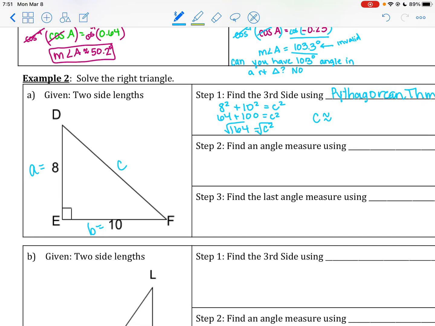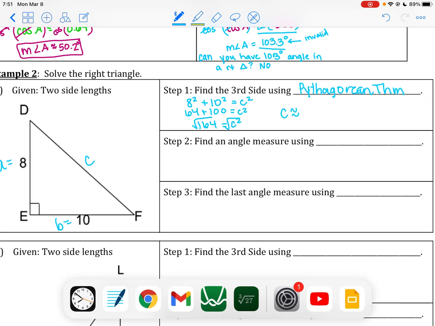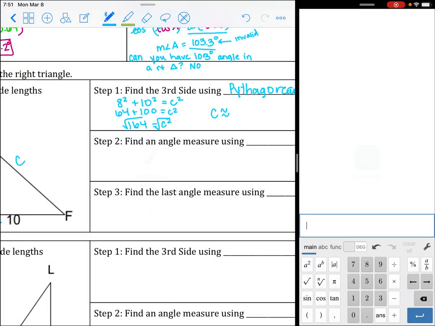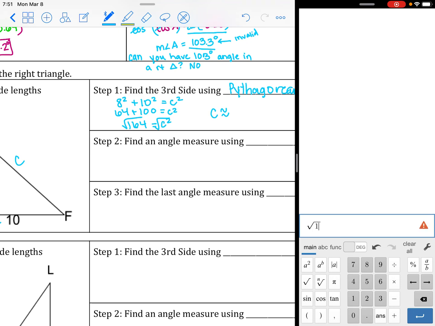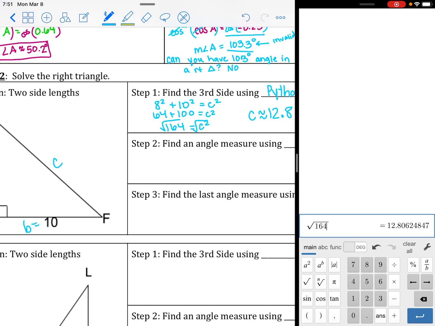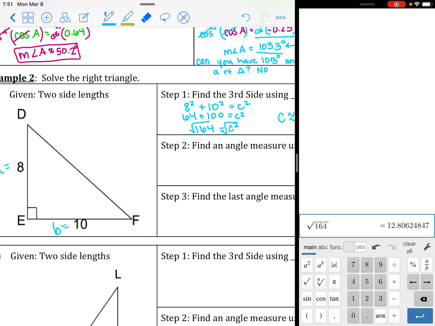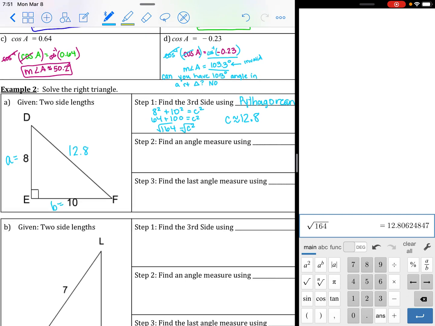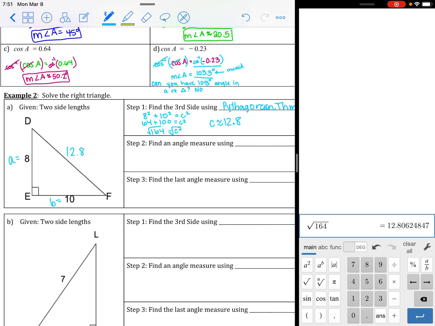So c, and let's go on and approximate it. If it's the square root of 164, I'm going to approximate that by using my calculator. So that's going to be approximately, let's go to 1 decimal place, about 12.8. So we have now estimated that this third length is 12.8. So now I have the three side lengths, and I need to find the angle measure.